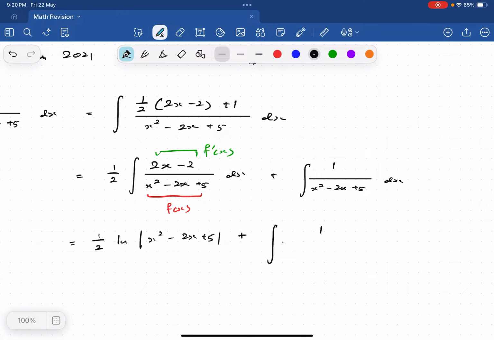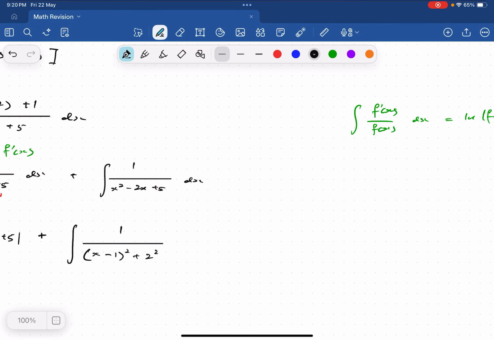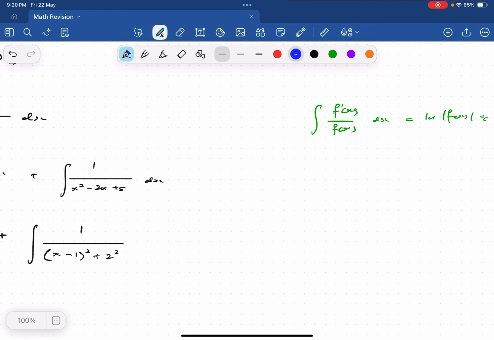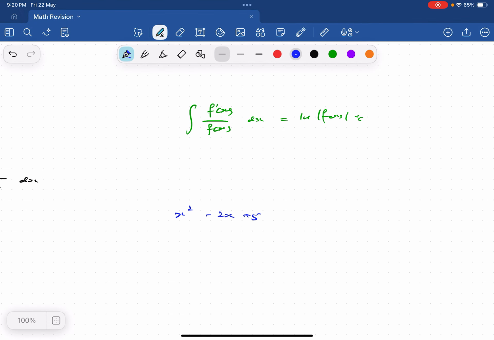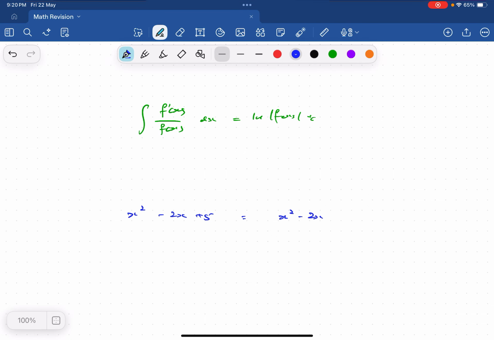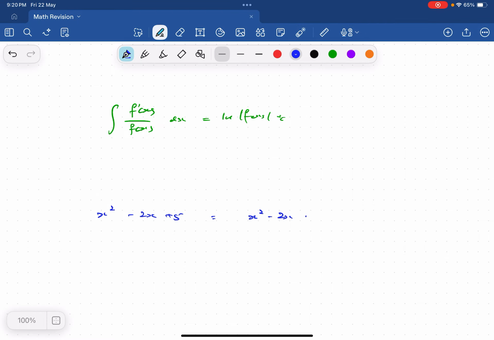So if I'm going to complete the square on this one, it's going to be x minus 1 squared plus 2 squared. If you want to convince yourself, fine, let me reteach you Sec 3 math. x squared minus 2x plus 5 is equal to x squared minus 2x plus 1 minus 1 plus 5.